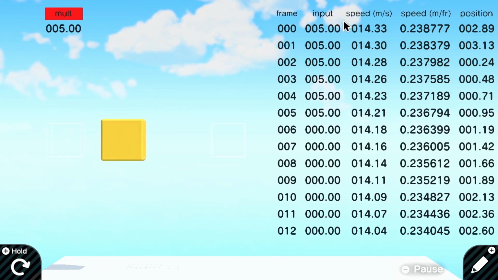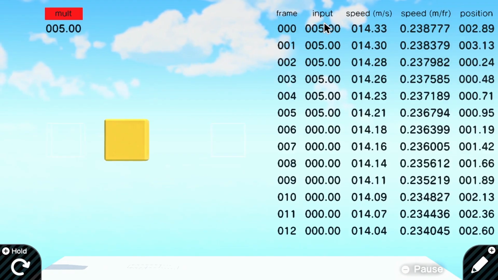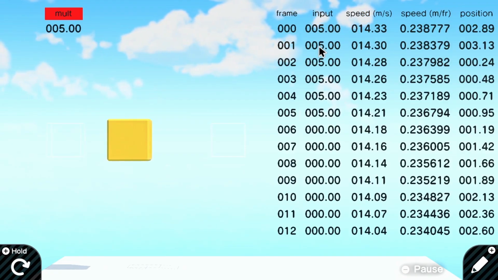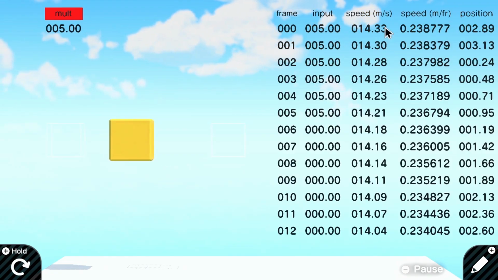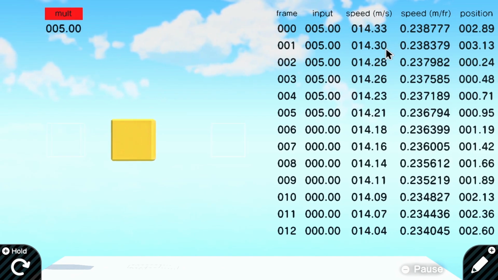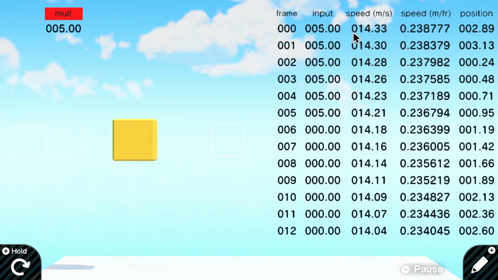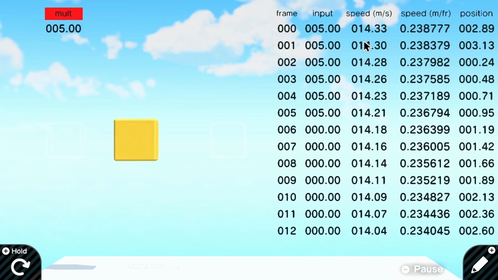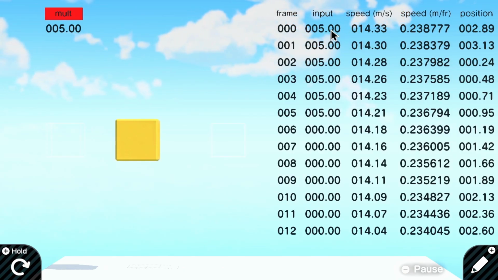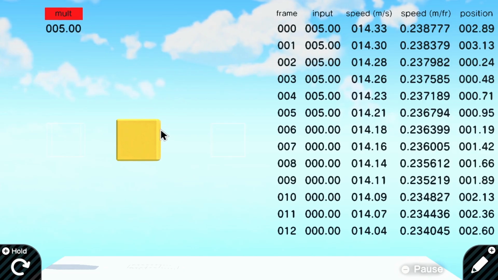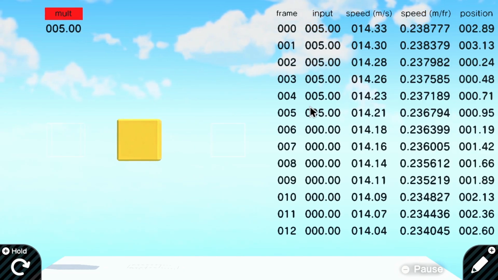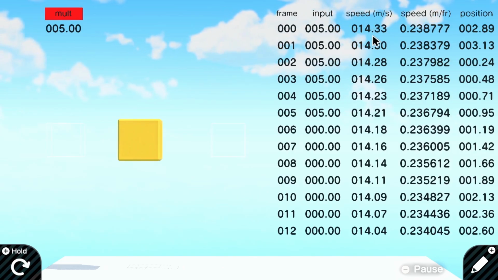So that's why even if we send it a value of 5, or even if there's a non-zero value here, the speed doesn't change at all, because it thinks that it's already reached the speed that it wants, so it doesn't accelerate it at all. Because if the input is positive, it only knows how to accelerate things. That's why it doesn't set the input to 5, and it just ignores the input entirely.